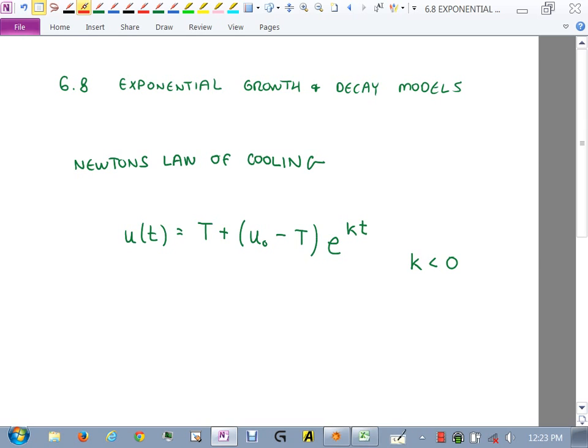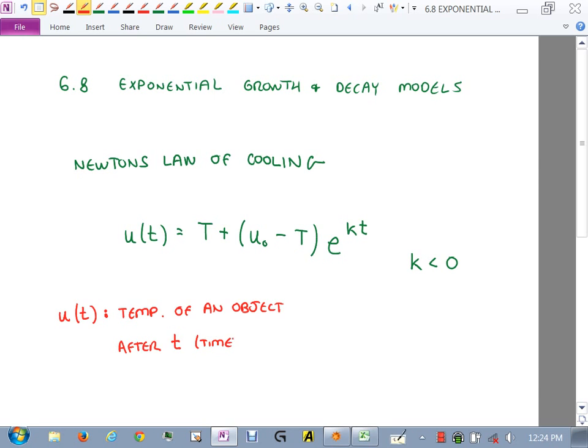You have this U of t on the left side, which is the temperature of an object after t time.